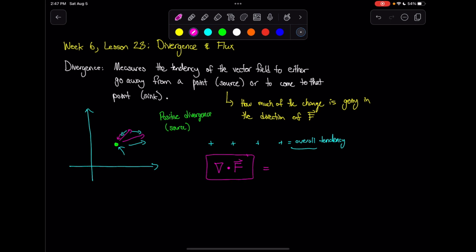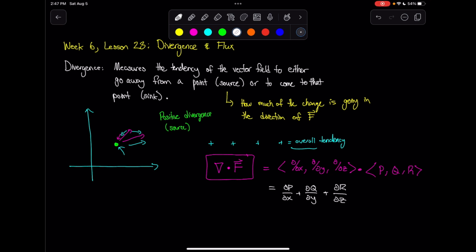It turns out that this is just going to be the del operator again, d dx, d dy, d dz, and then dot our vector field, which has a P component, a Q component, and an R component. And so when we calculate it, it is going to give us dP dx plus dQ dy plus dR dz.